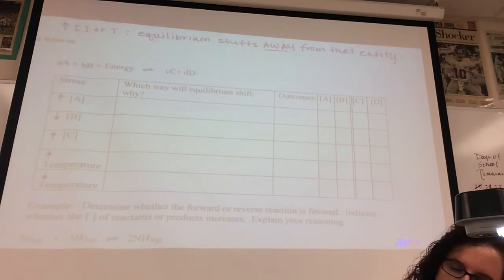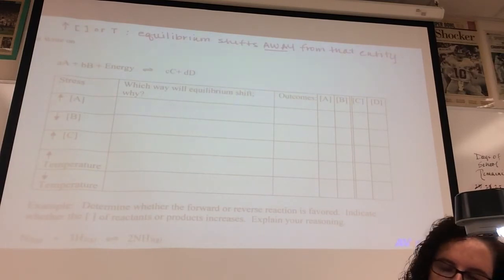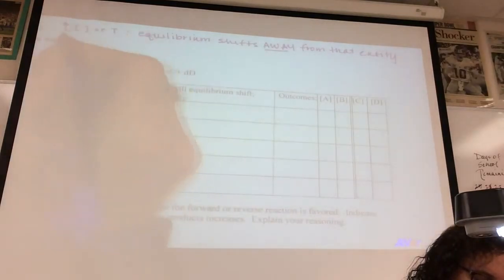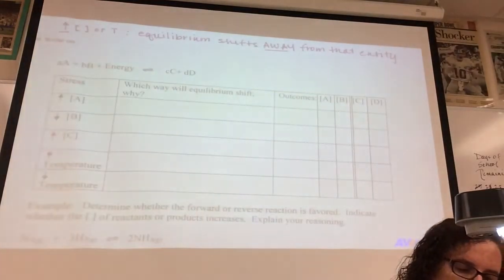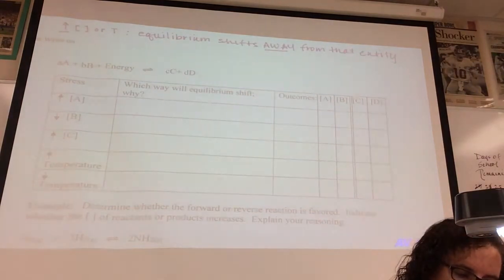And when we walk through the examples, you'll see exactly what we mean there. Increase, equilibrium shifts away from that entity.